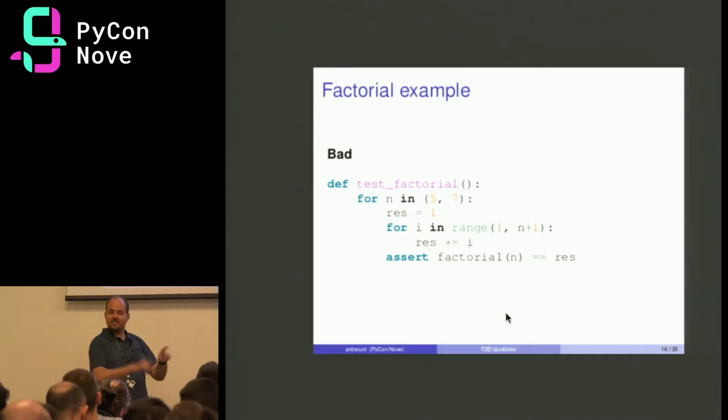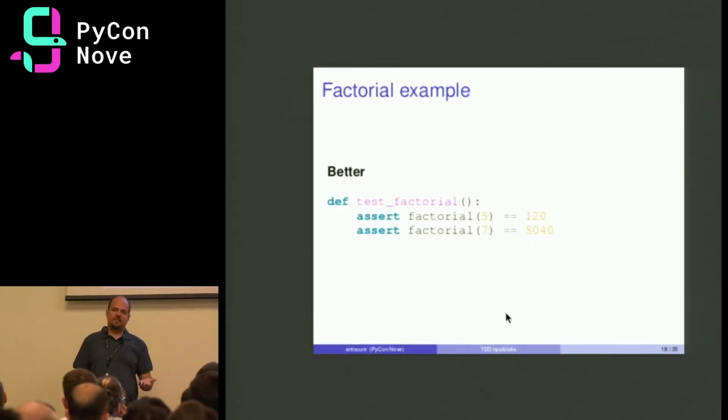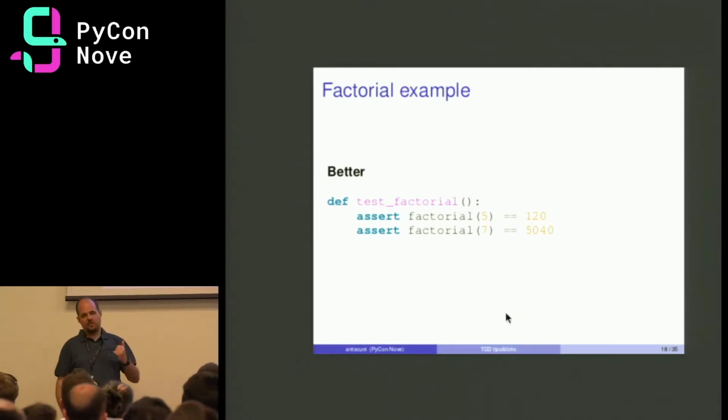And actually, this really happened while I was preparing the slides. Well, the test was broken. I didn't mean it to be broken, but I made a mistake, and it was. I don't even remember what the actual error was. So a better way of writing the test is this. Here, I don't have any complex control flow. I know that the factorial of 5 is 120, so I just write the result.